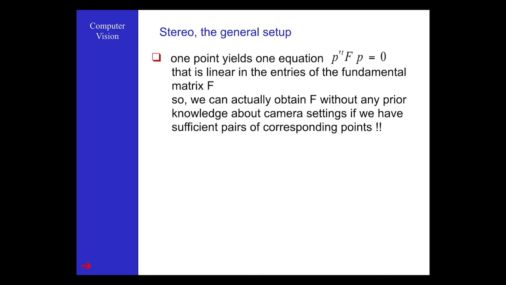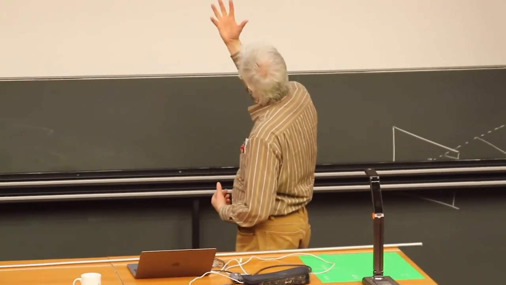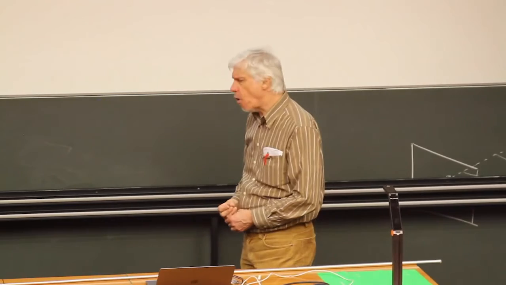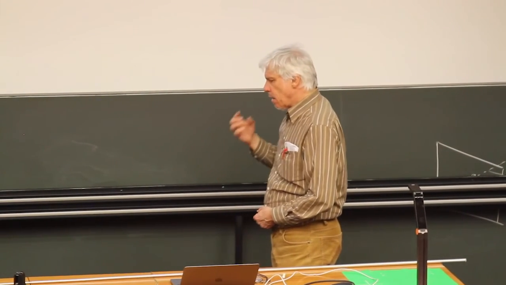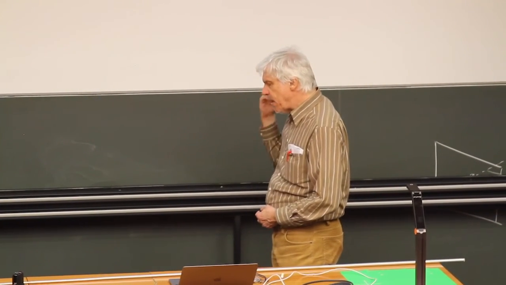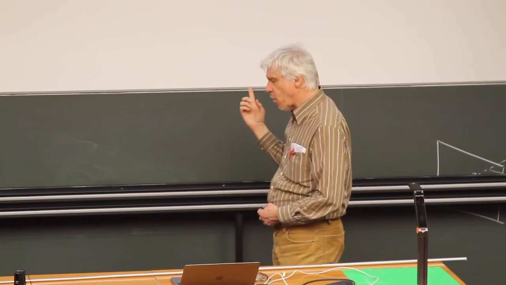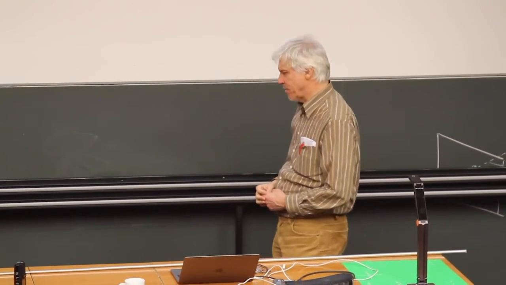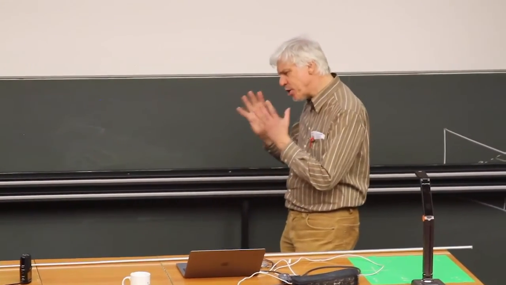And that also means that you can calculate F if you would have knowledge of enough of these corresponding point pairs. Right? Then you can go after the elements of F, because every equation P prime transpose Fp is 0 is linear in the elements of F. So a nice simple equation.